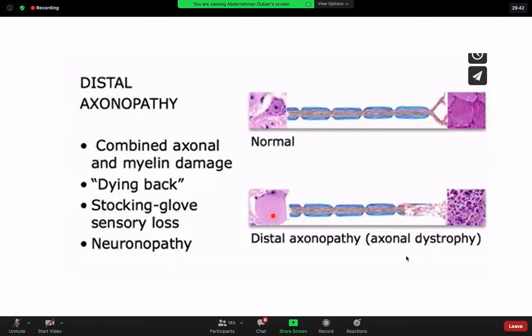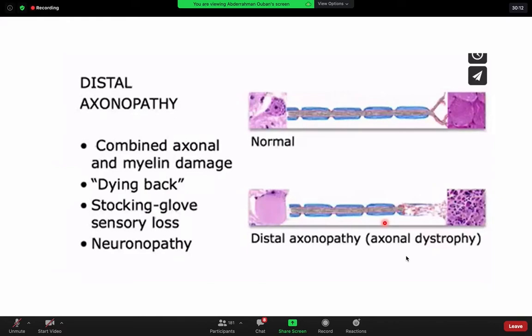Now, those neuropathies that will result from distal axonopathy are actually bilateral and symmetric. And because they are more severe distally, they cause stocking glove sensory loss and weakness. Stocking glove, it's like wearing a glove because it's going to affect the full distal part of the nerve.